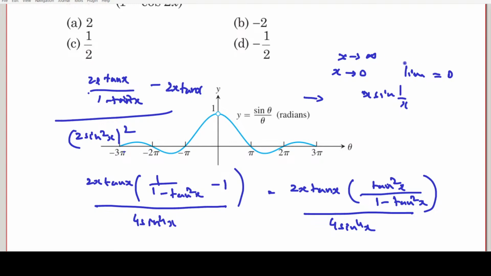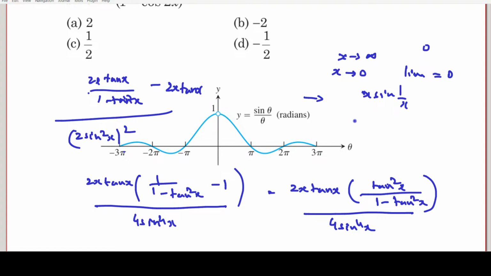What about x tends to infinity? 1 by x will be 0, and x will be infinite. So 0 into infinite. Then it will be 0 only.